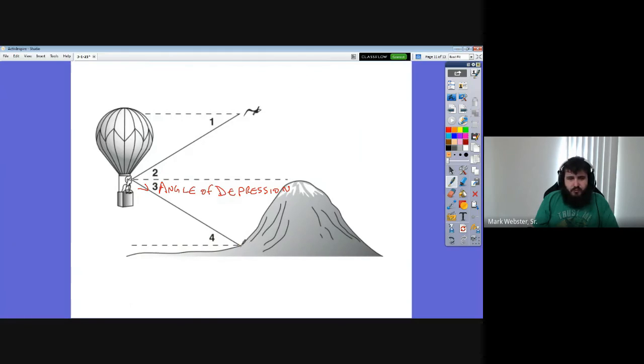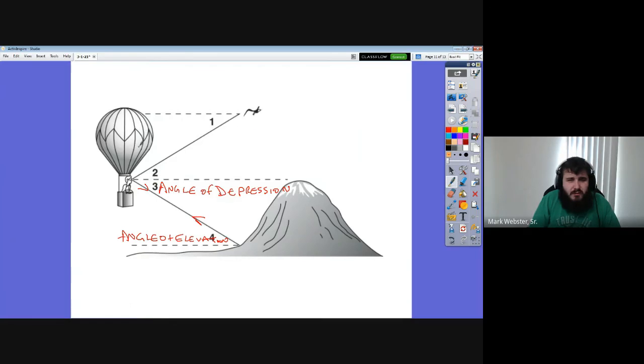Likewise, if the person who's down here at the bottom of the mountain is looking up at the dude, we get an angle of elevation. Same thing here. Whatever thing this is, sort of looks like a bird, but maybe it's a plane. Does that mean it's Superman?